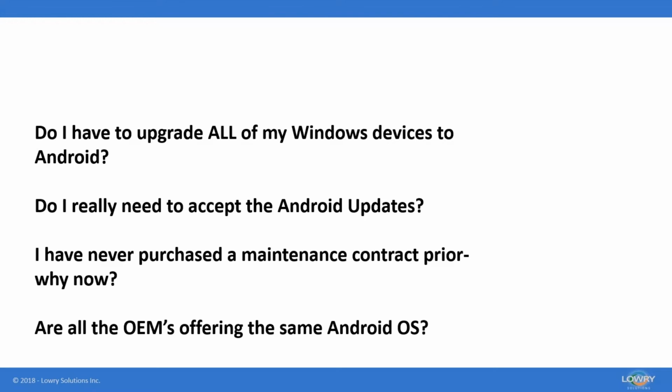The answer is, well, eventually, but perhaps not right away. There's a lot of different reasons. Upgrading all your devices could be a governance security decision as to when and how quickly. However, most will not upgrade all the Windows devices immediately. Due to the fact that Windows is going away, you'll have to replace all, but it could be a staggered approach. Our recommendation is just be prepared and have a strategy.